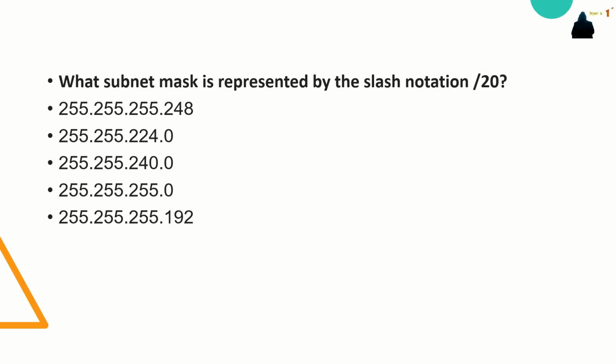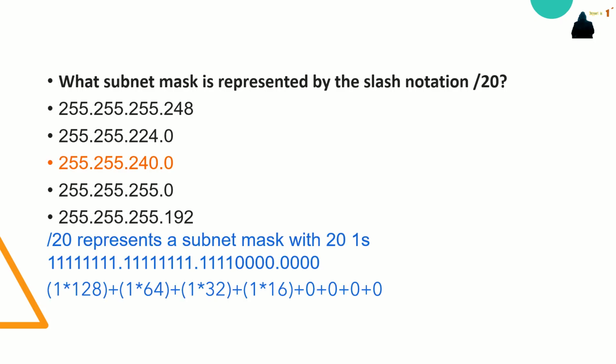What subnet mask is represented by the slash notation slash 20? Slash 20 represents a subnet mask with 20 ones. Maybe it's better I write something here for you: 8, 16, and 17, 18, 19, and 20.